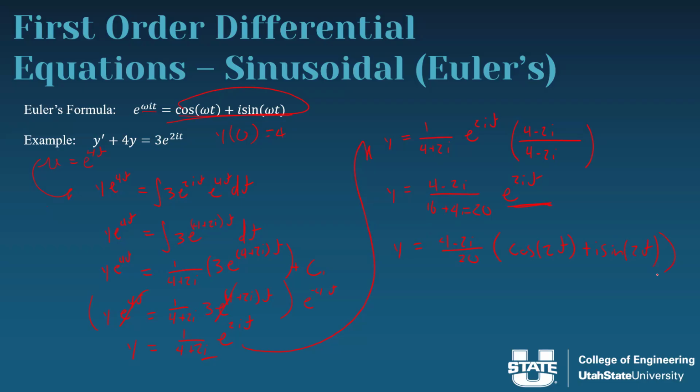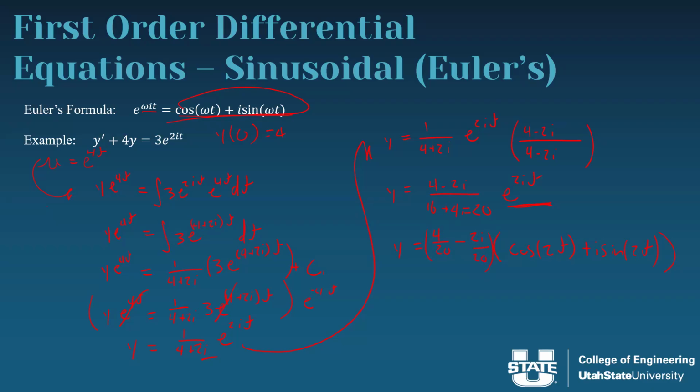The next step would be to separate your fraction out into 2 separate terms. So you would have 4 over 20 minus 2i over 20.